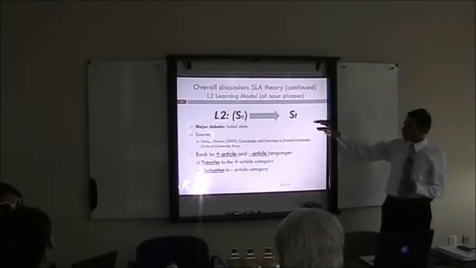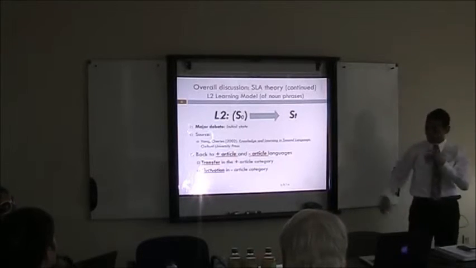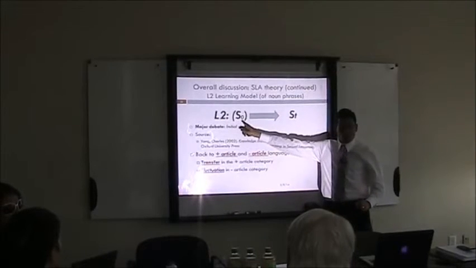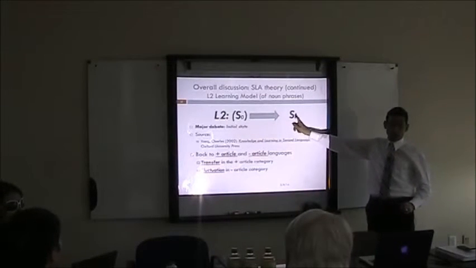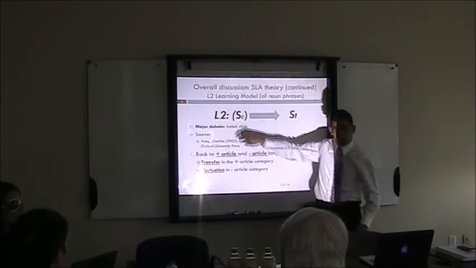Charles Yang tried to tell us basically what the second language learning task is. And he says here you are starting with L2, and then you start by S0, the initial state, and then you end up with the ultimate state, ST. And the debate, as I just said, was around the initial state.